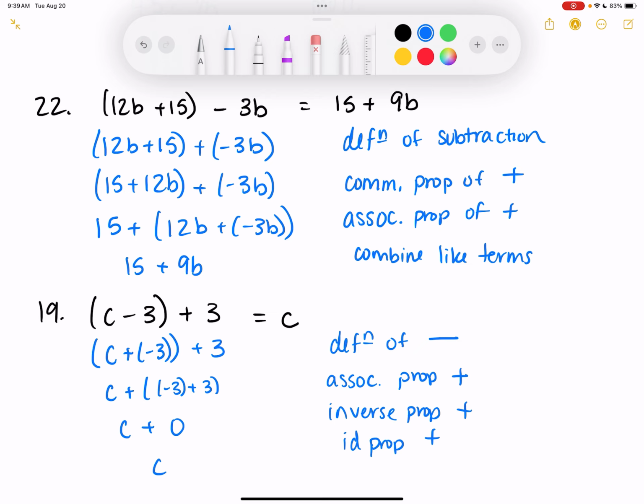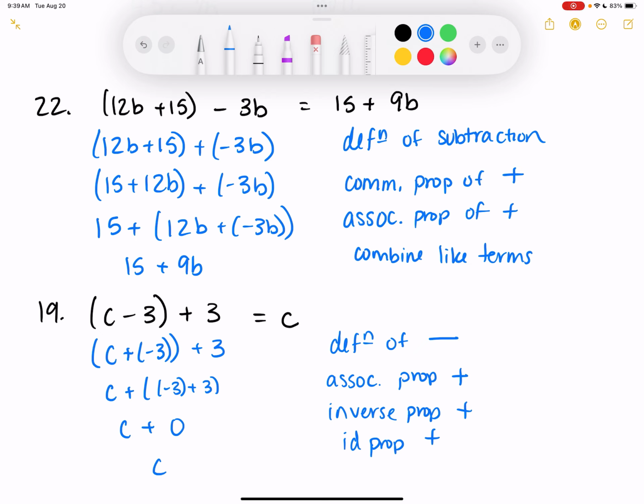If you've done all the steps correctly, you should have 4 steps. What's my first step? C minus 3.